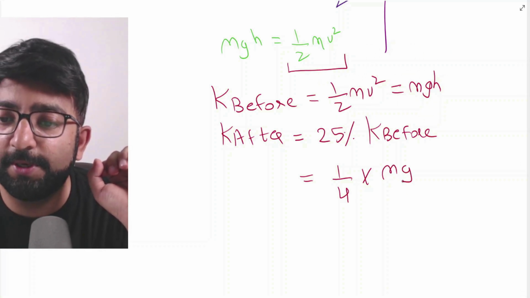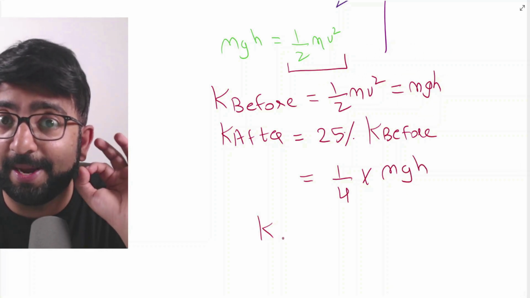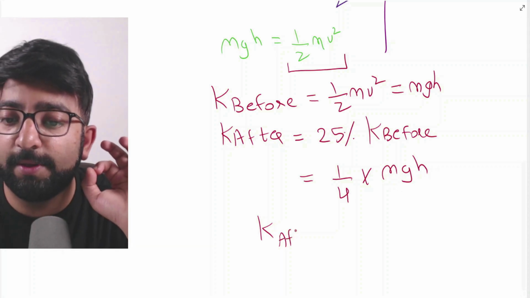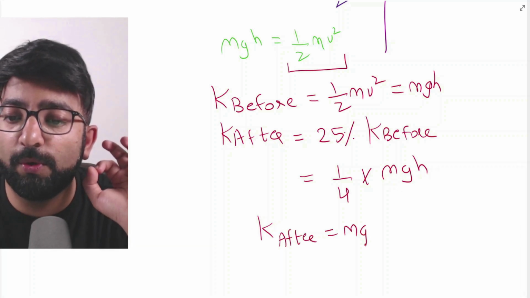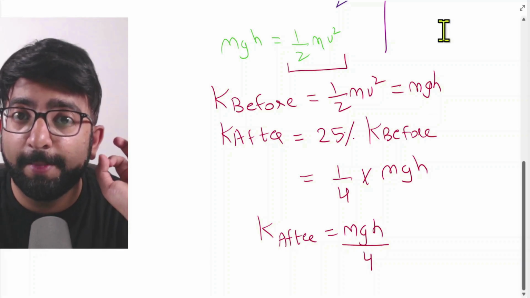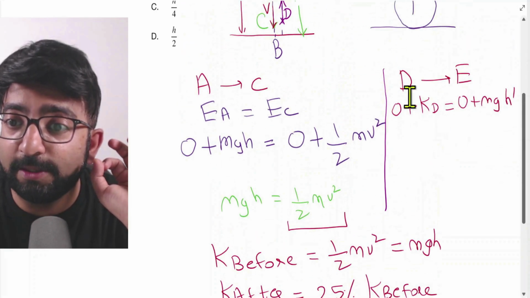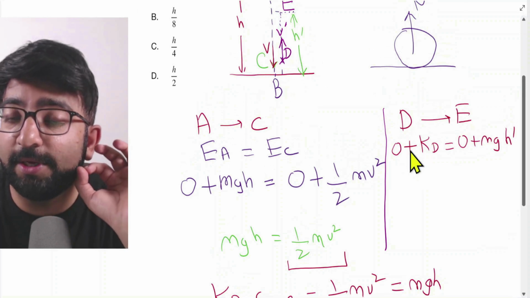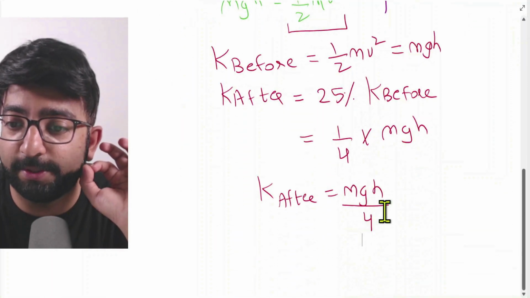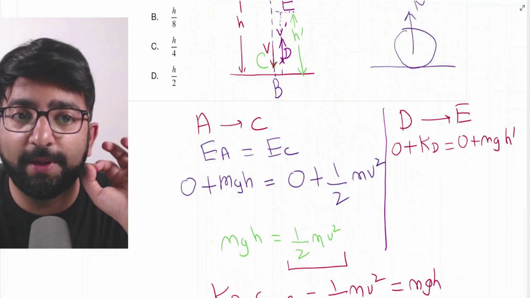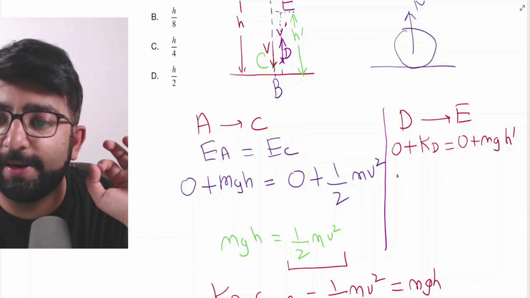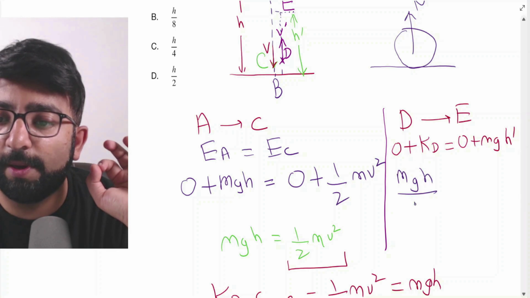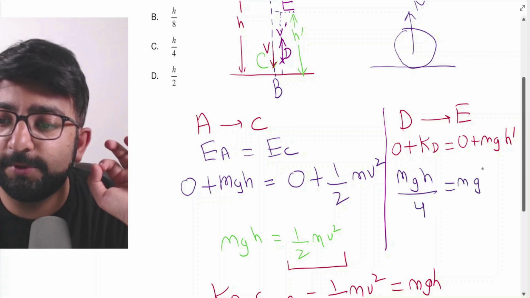So the kinetic energy after hitting the ground is mgh divided by 4. Now, if we go back up to point D, just above the ground, the kinetic energy at point D will be equal to mgh divided by 4. So instead of KD, we write mgh divided by 4. That will be equal to mgh dash.